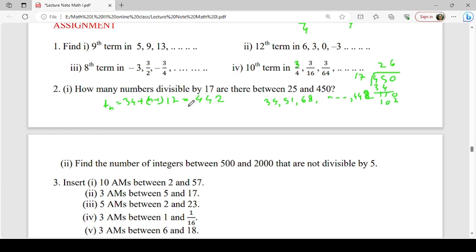Then n minus 1 into 17 is equal to 408. So n minus 1 is 408 by 17. It is 24. So n is equal to 25.